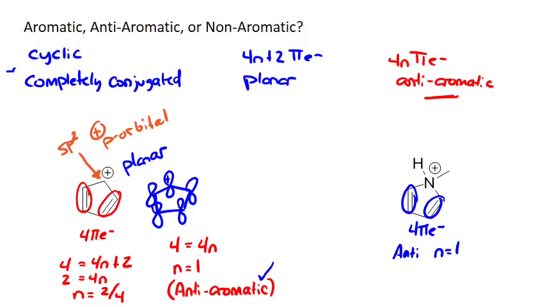This nitrogen actually has 1, 2, 3, 4 groups around it, so the hybridization of this nitrogen is sp3, each of these bonds is made from an sp3 hybrid orbital, and there is no p orbital on that nitrogen. In this case, the positive is simply a formal charge.